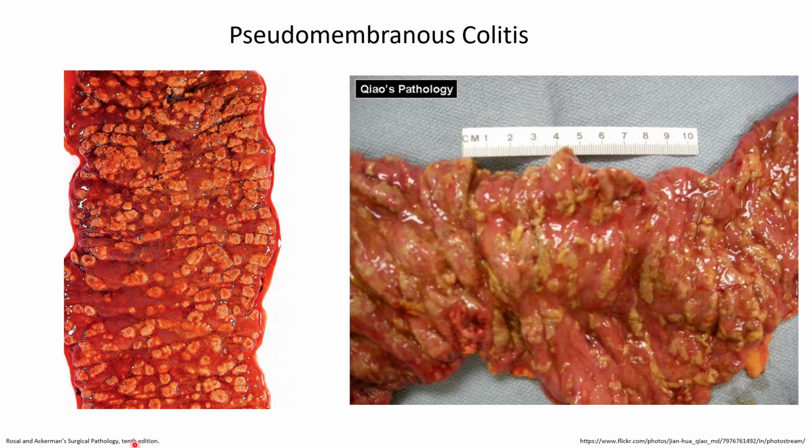In pseudomembranous colitis, multiple pseudomembranes are seen on the colonic mucosa, as we can see here in these two pictures. And these pseudomembranes are discrete plaques, and they are composed of fibrinopurulent necrotic debris that adhere to the damaged colonic mucosa.